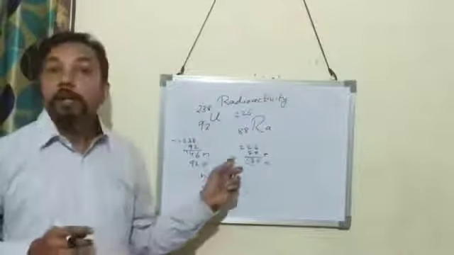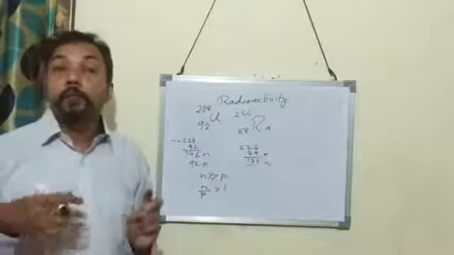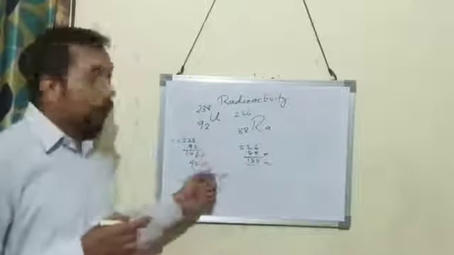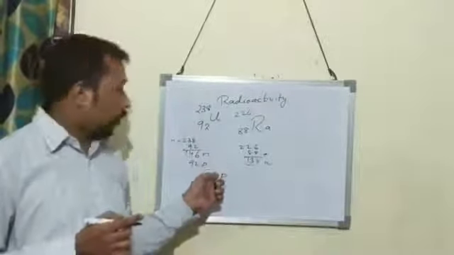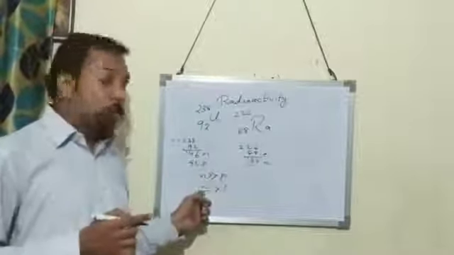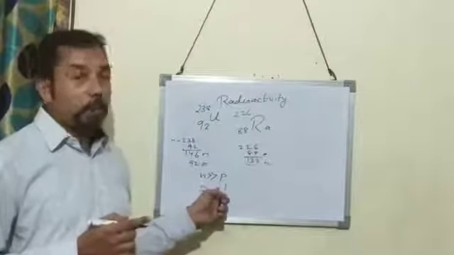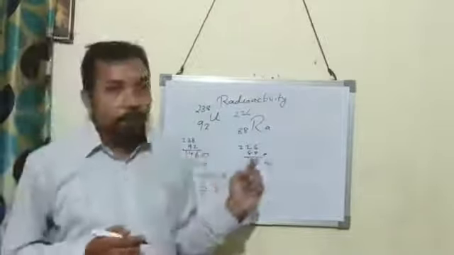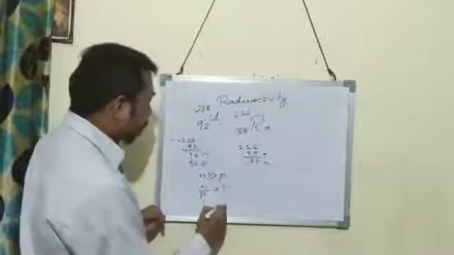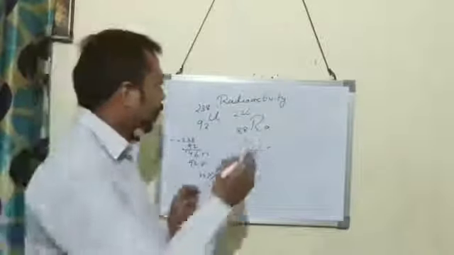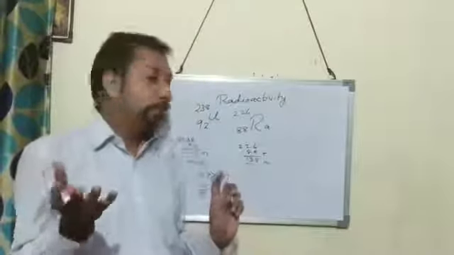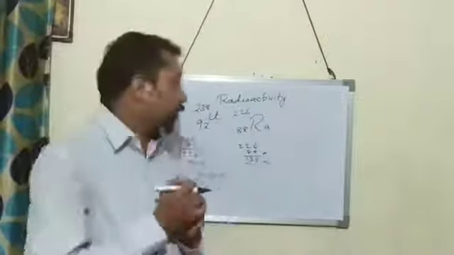So an element becomes radioactive when the nucleus becomes unstable, when the number of neutrons is much more than the number of protons, or the neutron to proton ratio becomes much more than 1. The other condition is that the atomic number is more than 82. These are the conditions in which a substance becomes radioactive, or when the nucleus becomes unstable.